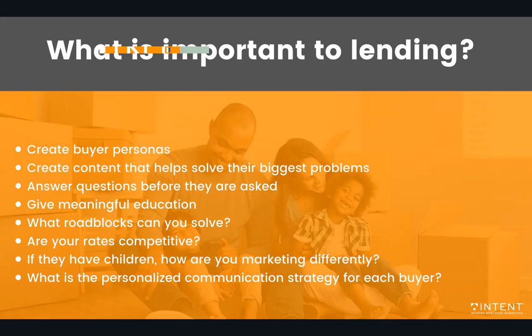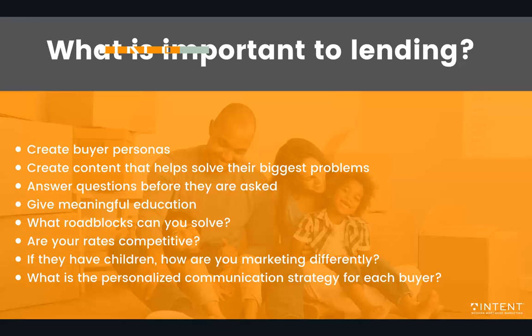So being able to create maybe 3 or 4 buyer personas for the people you want as ideal customers this year, and then creating content that helps solve their problems, that's the next big piece. I know that most mortgage companies are happy with, hey, we've got a home buyer campaign that fits everybody.